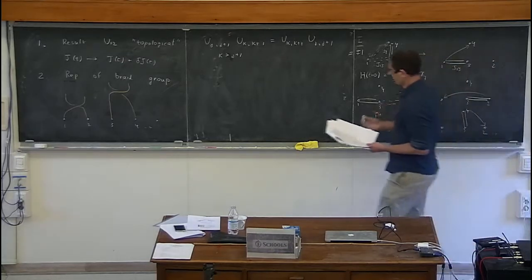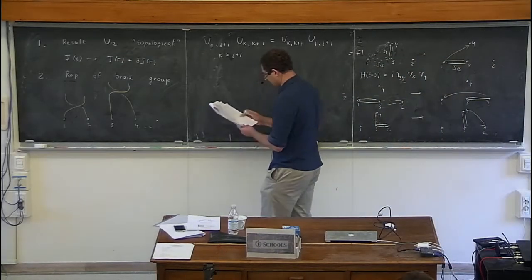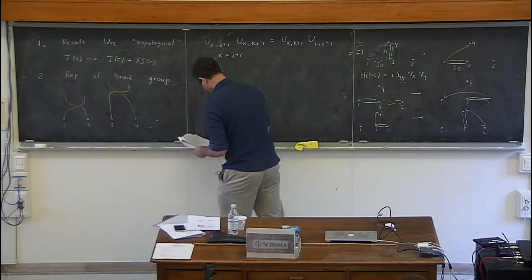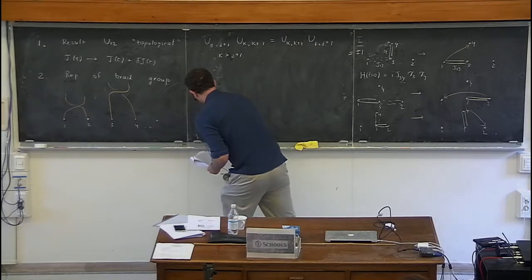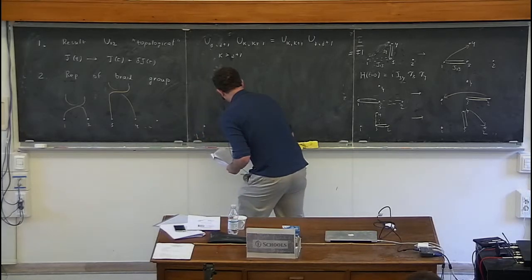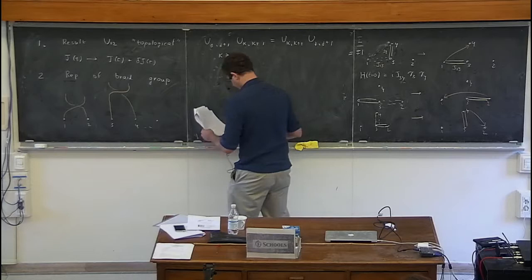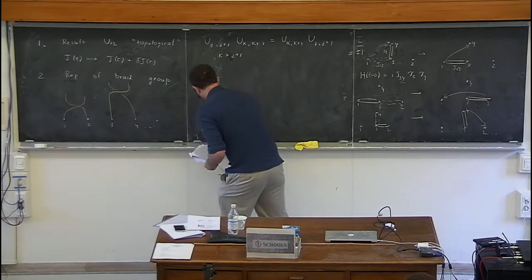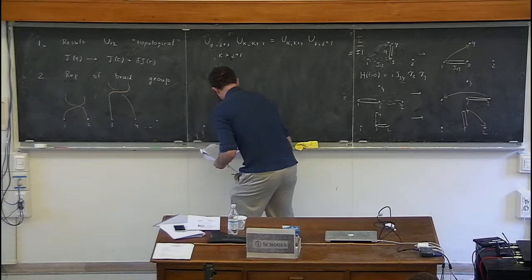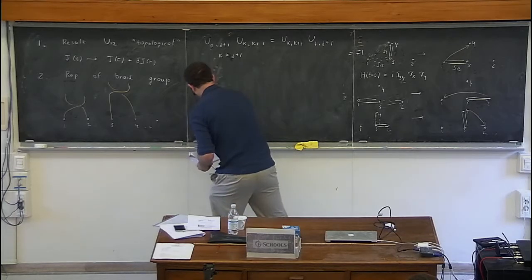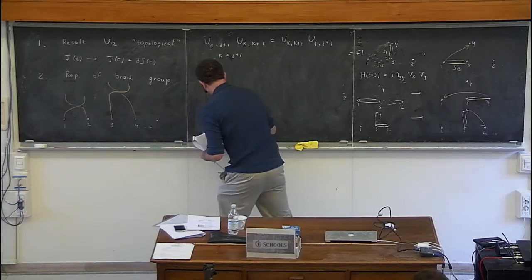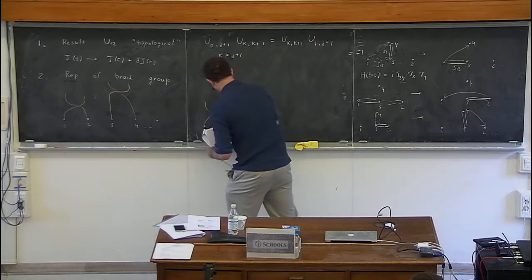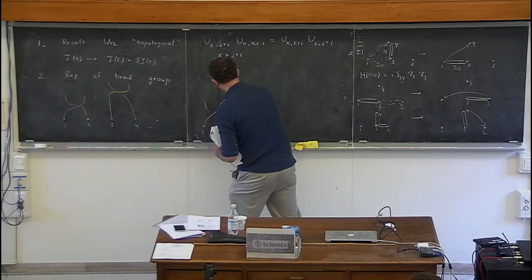And there's another relation which has to be satisfied, which is slightly less trivial. It's a statement about the following sequence of operations. Suppose we have 3 of these objects, 1, 2, and 3, and we first braid 1 and 2, and then we braid 2 and 3, and then we braid 1 and 2 again.